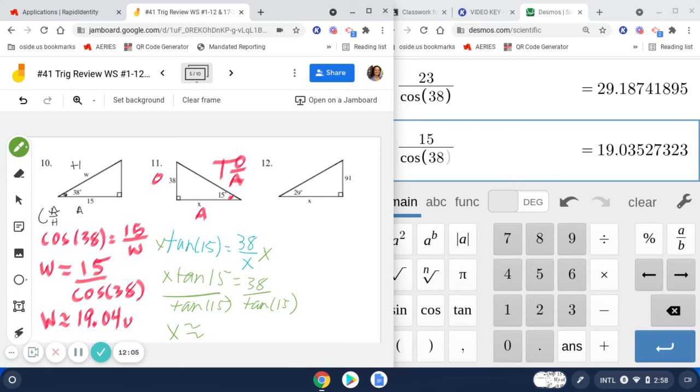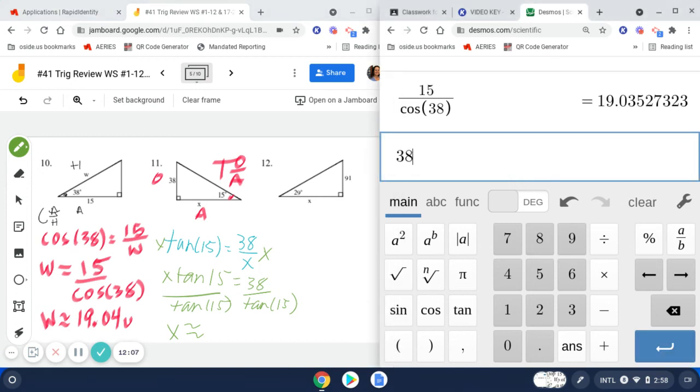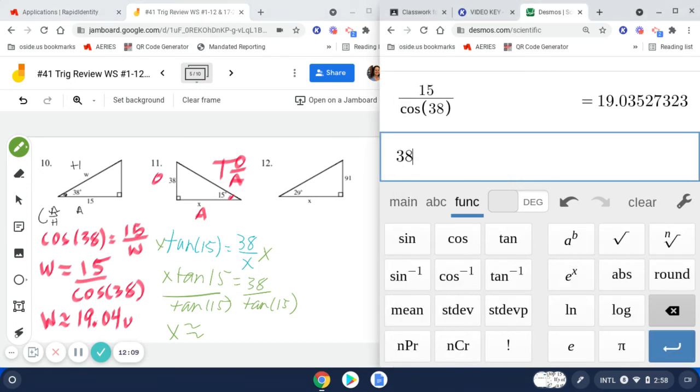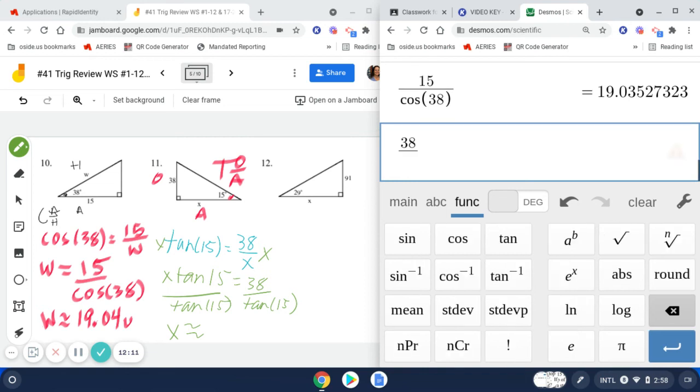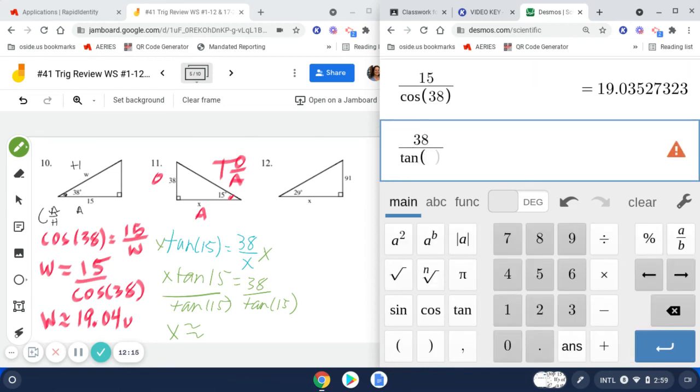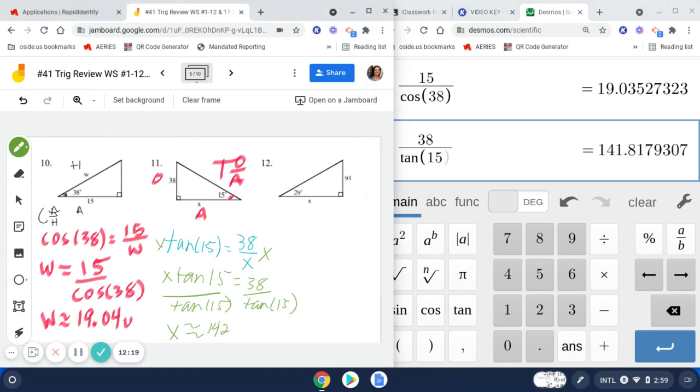And we're going to get that x is approximately 38 divided by the tangent of 15, which is 141.82 U for units. Notice my approximation symbol.